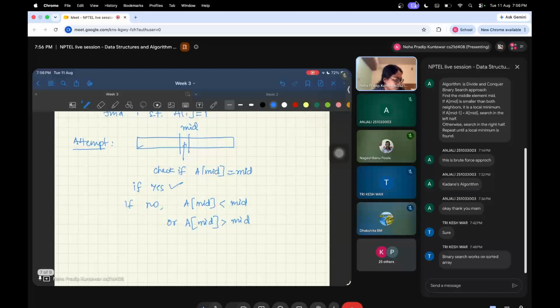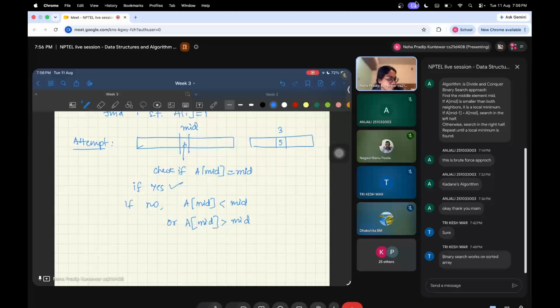Okay, so suppose mid is 3 and the value is 5.